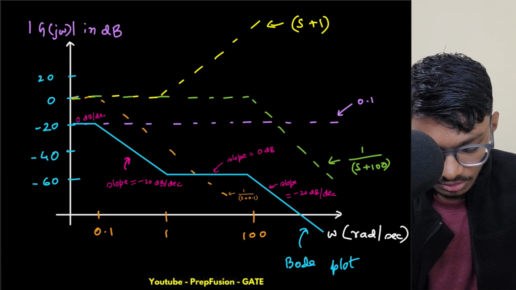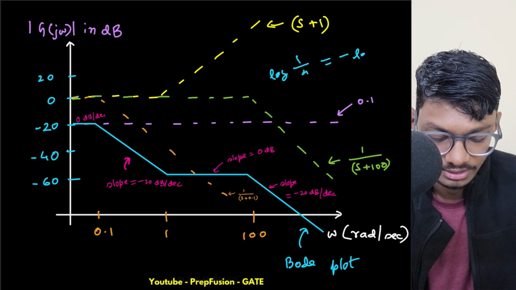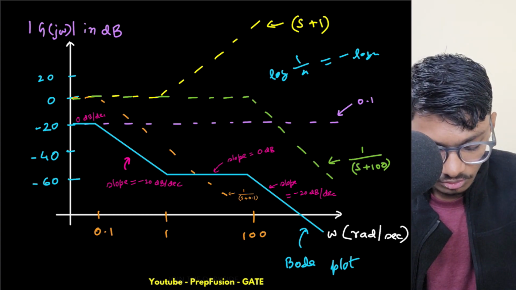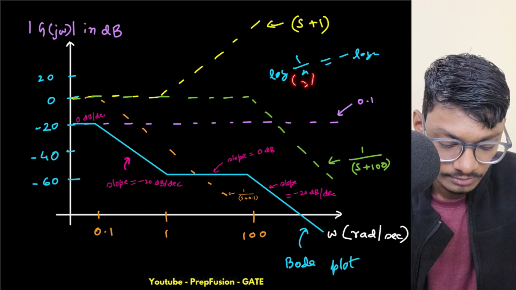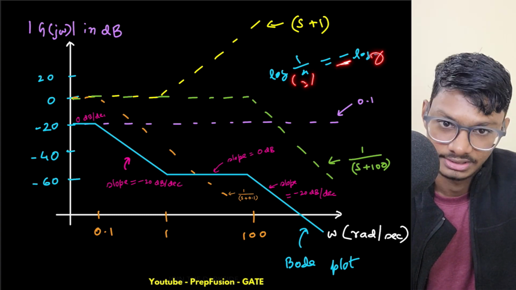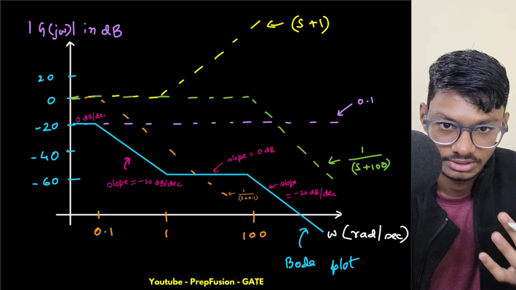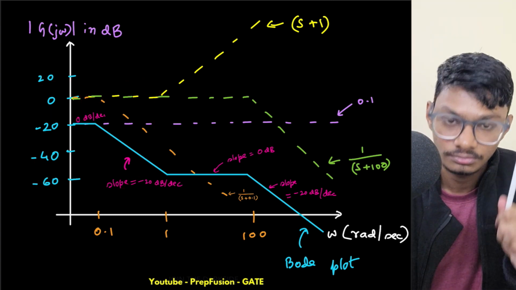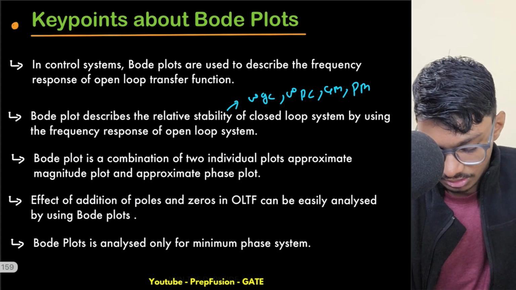So if I want to take log of this, log of 1 by x becomes minus log of x. So simply, whatever the magnitude here is, like this is mod of G omega, simply negate the sign. So if we can find the magnitude here and simply negate the sign, we'll get our gain margin. Okay. So yeah, this is about this point.